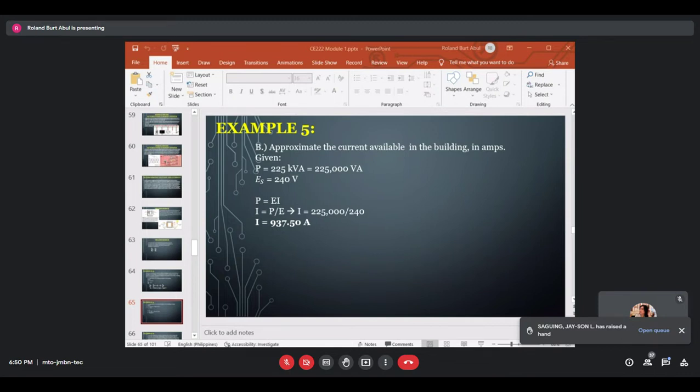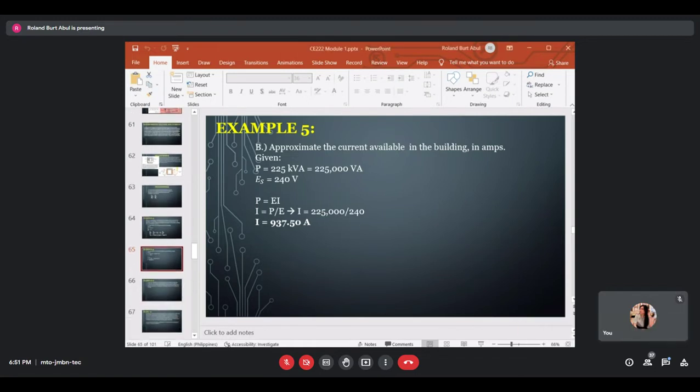Again, guys, what is the primary current provided to the transformer if the voltage is 7,200 volts and the power is 225 kVA? Jason. 31.25 ampere.